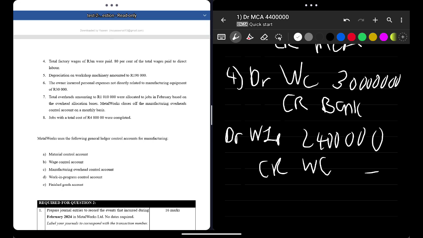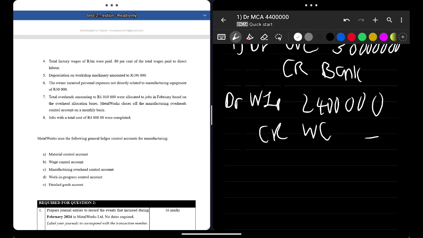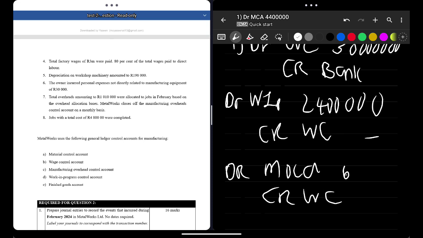But then the other part of it, the 600,000, that's indirect labor, so that goes into your factory overheads. So debit your manufacturing overhead, MOCA, credit your labor account, in this case wages control, 600,000.